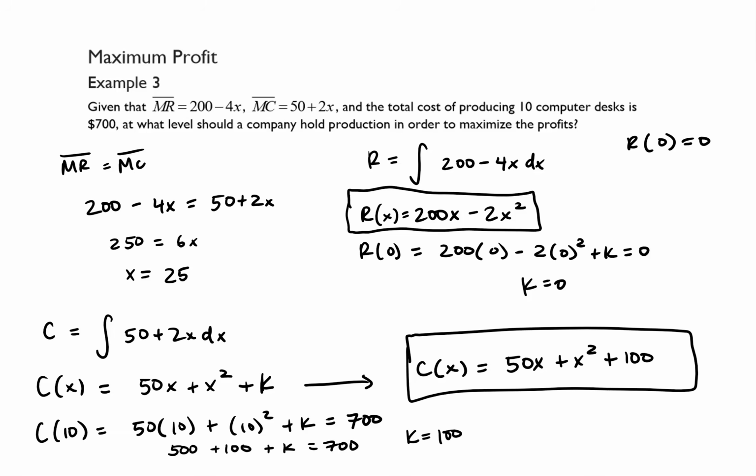Okay, so again, this was basically our critical value, and we want to plug it into both the revenue and the cost just to verify that the revenue will be greater than the cost and we're actually maximizing profits by making money.